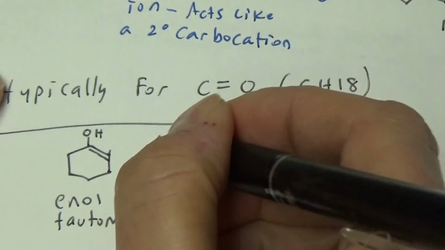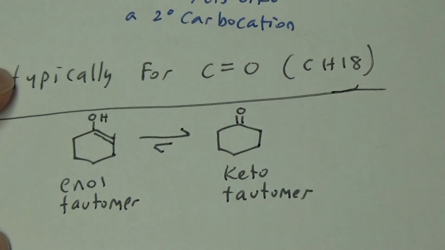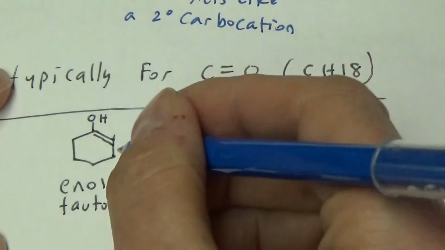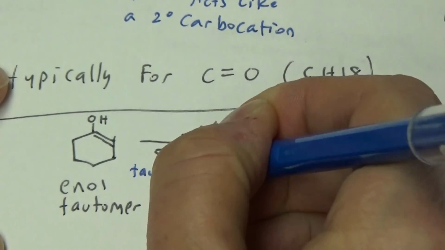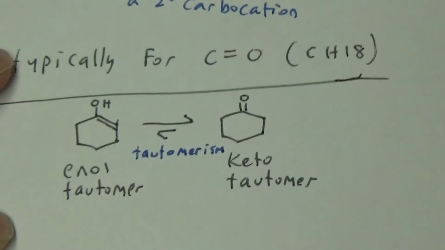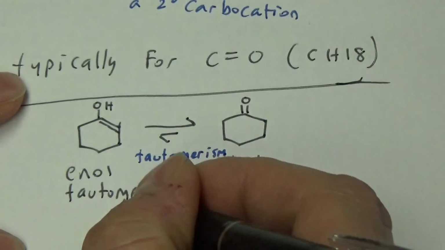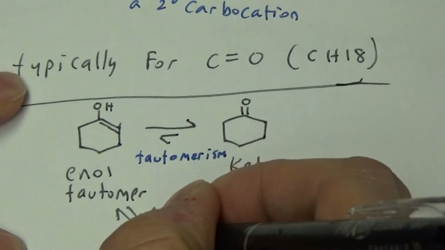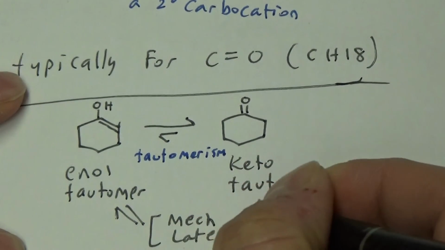So it's really a right-sided favored equilibrium. That equilibrium has a name. It's called tautomerism. And the mechanism is actually really straightforward. The mechanism is later though. We're going to talk about it in chapter 18.